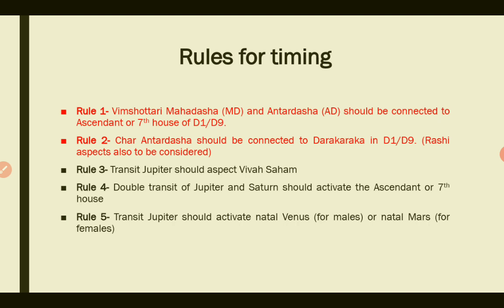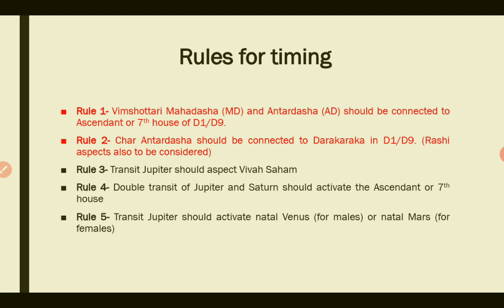There are some rules which we can use to determine the timing of marriage of a native from his birth chart. Today we are going to look at 10 such rules, and you can see the first 5 on your screen right now, and we'll get to them one by one. The first 2, in red, are based on dasha.